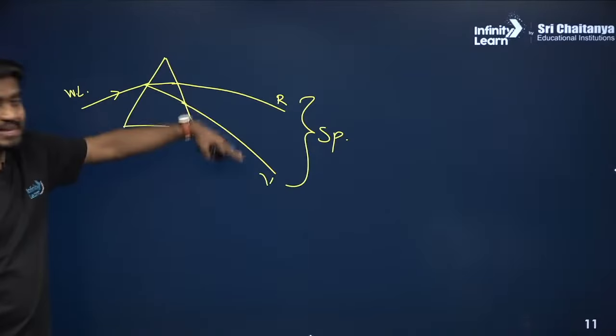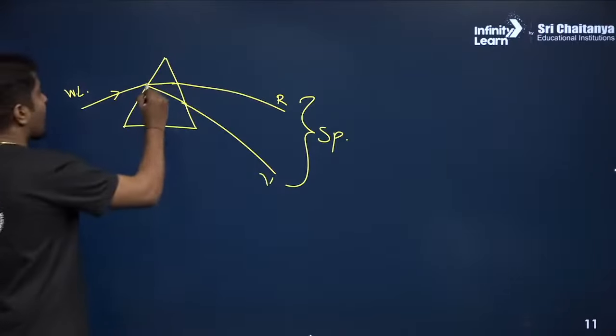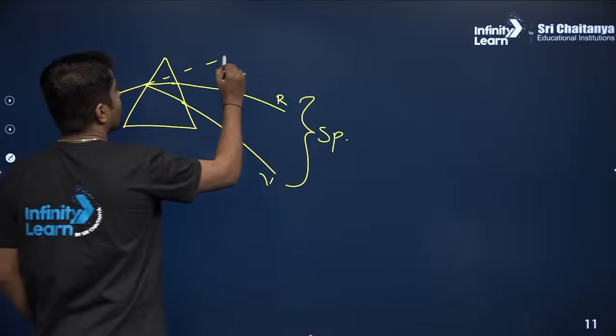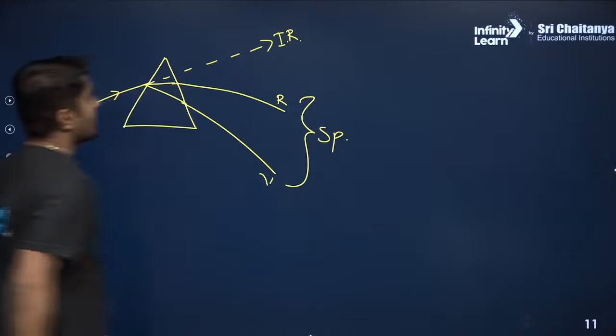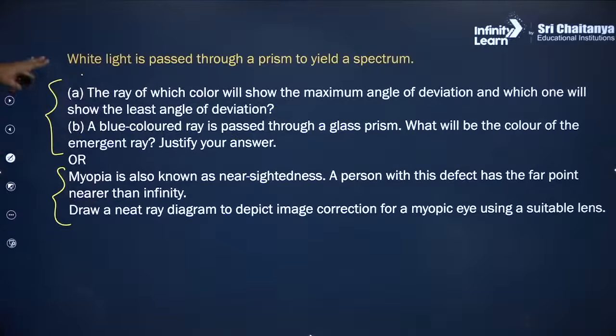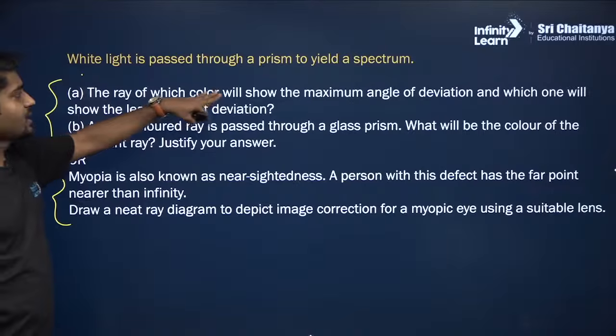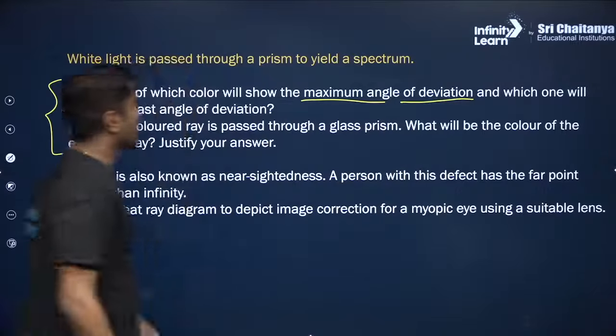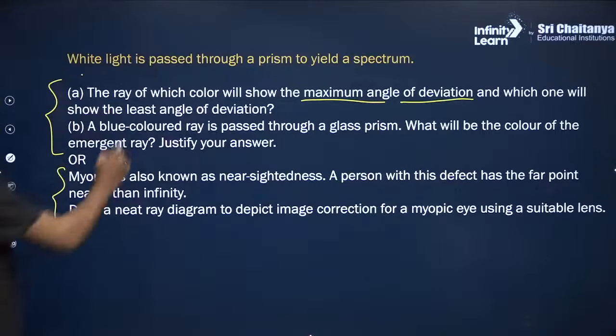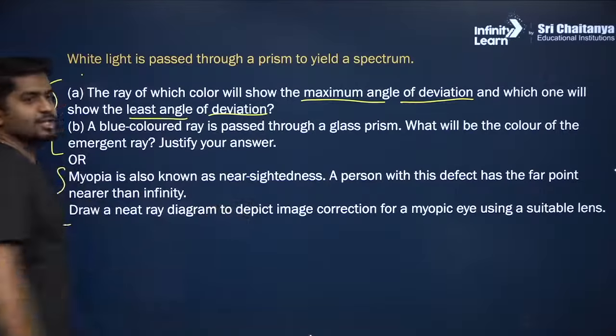So there are 7 colors of the rainbow and this one is the direction of our incident ray, है ना. So this is the first statement. The ray of which color will show maximum angle of deviation and which one will show least angle of deviation.